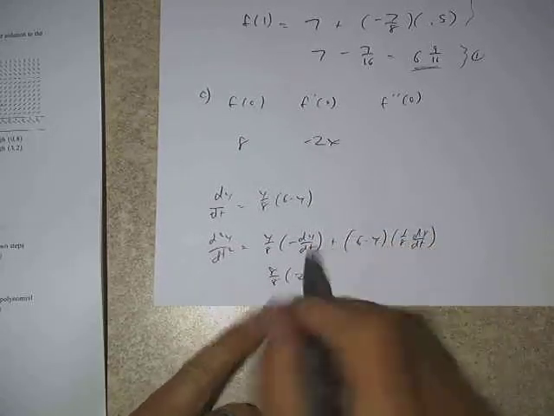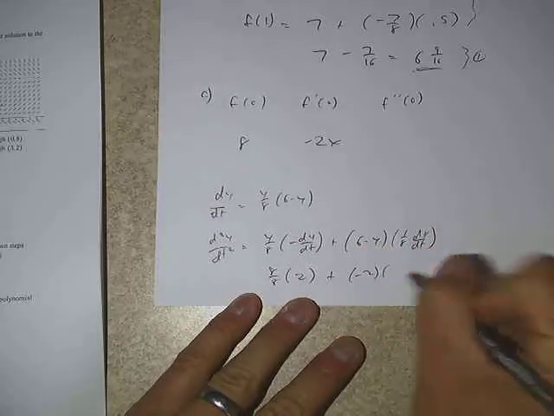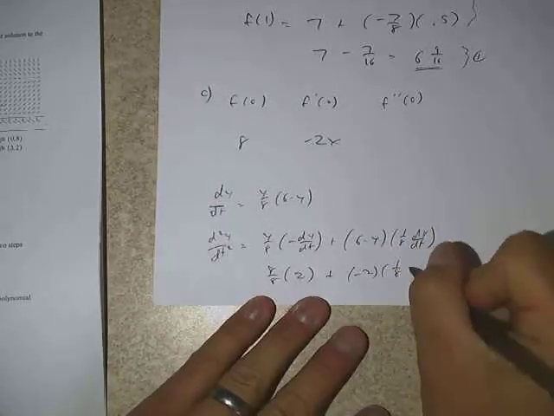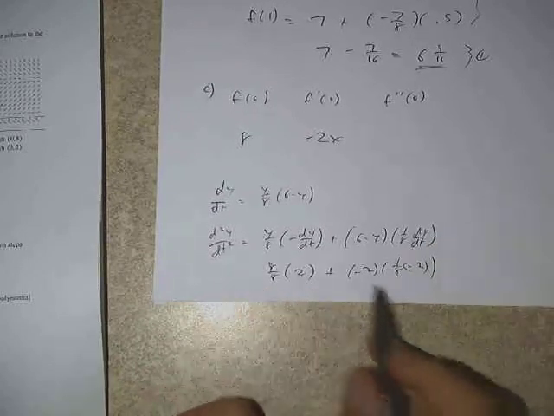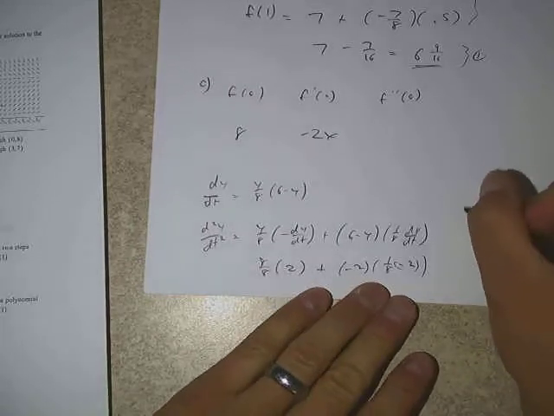And then we'd have 6 minus y, and then 1/8 dy/dt. We do the product rule there, again taking the derivative with respect to time.